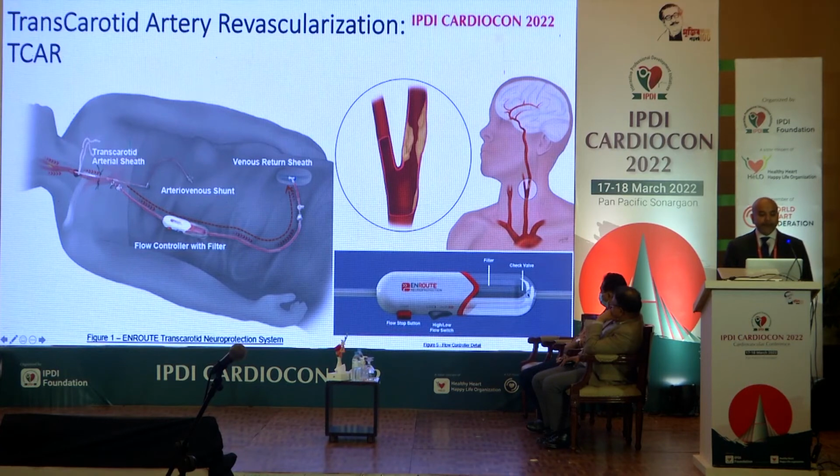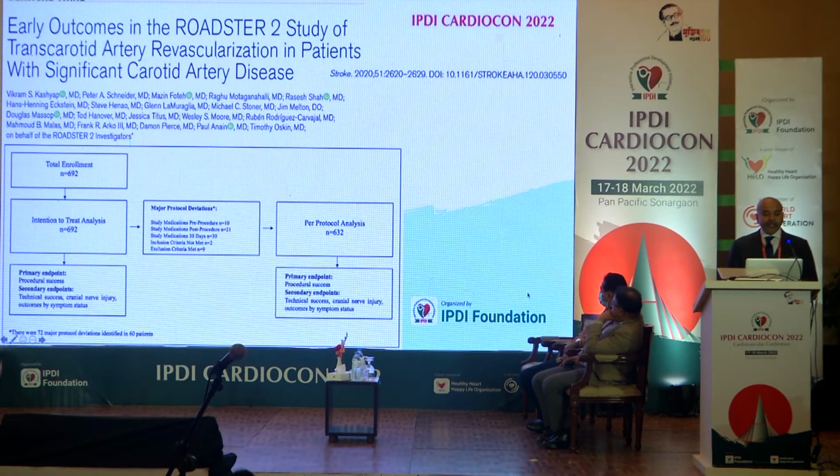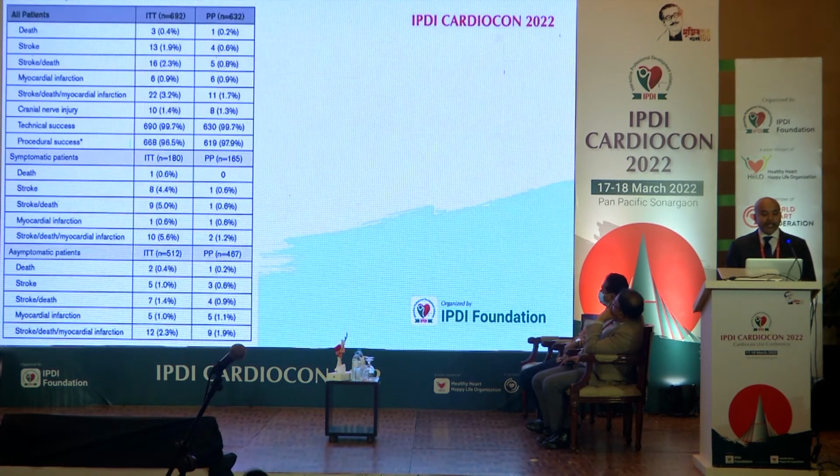The early outcomes, when you look at this, the ROADSTER 2 study that was done, showed significantly improved results compared to carotid endarterectomy or carotid stenting. So this was actually compared in the next slide that I will show you, but look at the risk here in the intention to treat arm and the primary arm.